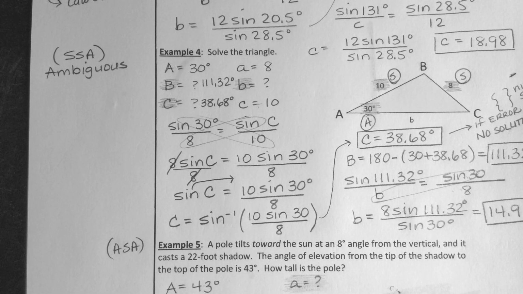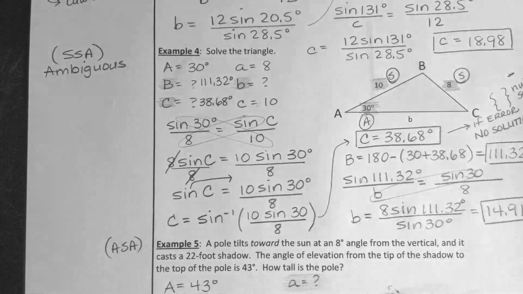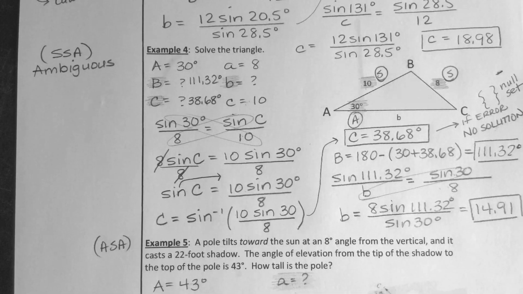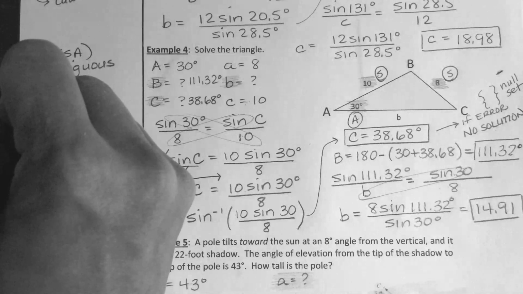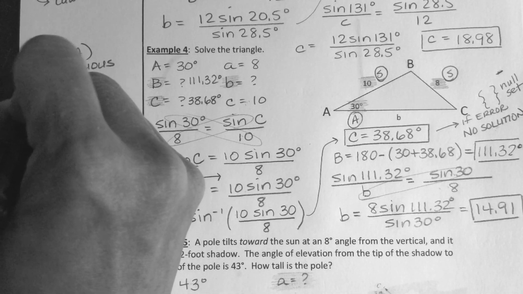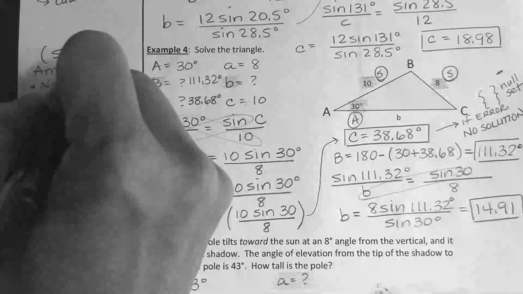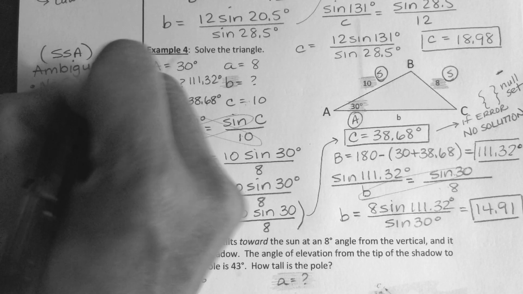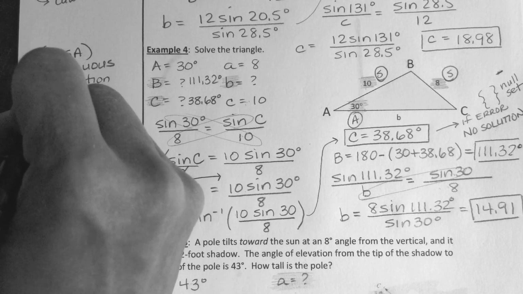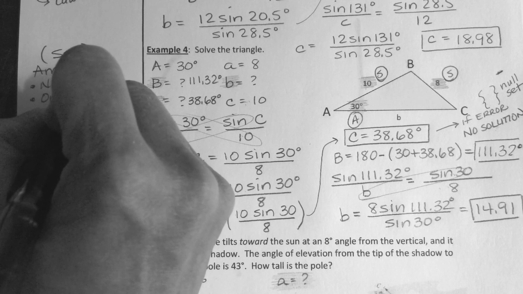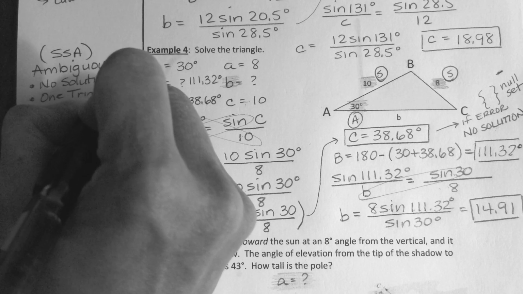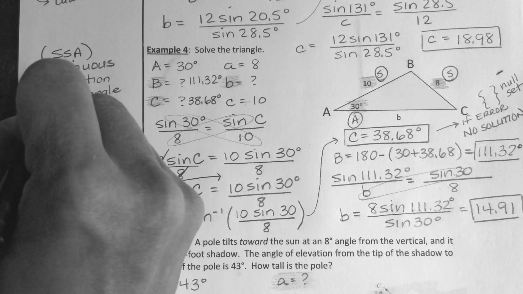So once you have figured out how to solve the problem, your question is: is this the only triangle, or is there an additional triangle? So with an ambiguous problem, you're either going to have a no solution result, a one triangle result, or it will end up being a two triangle result.